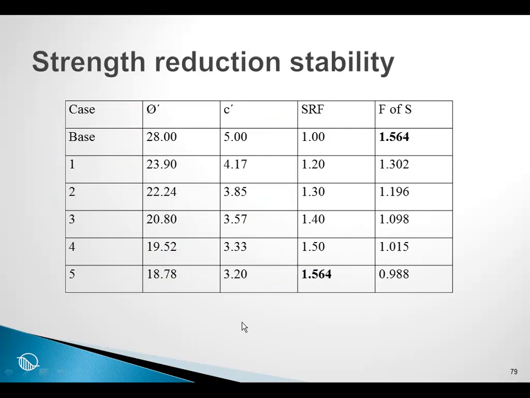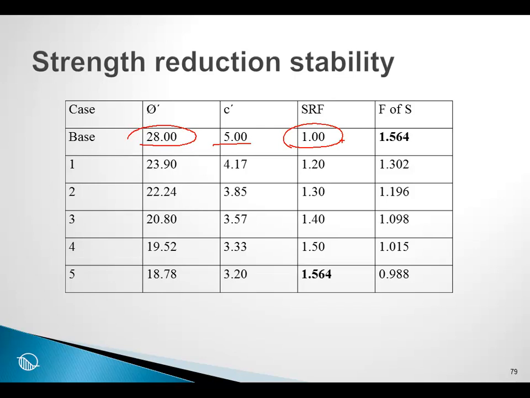So here is a table of the parameters that we're going to use in the strength reduction stability analysis, starting with a base case where the effective friction angle is 28 degrees and the cohesion is 5 kPa. We can think of that as a strength reduction factor of 1.